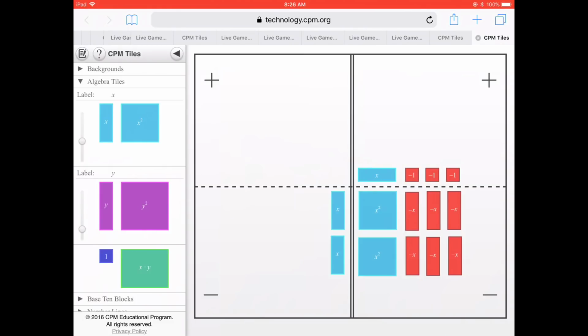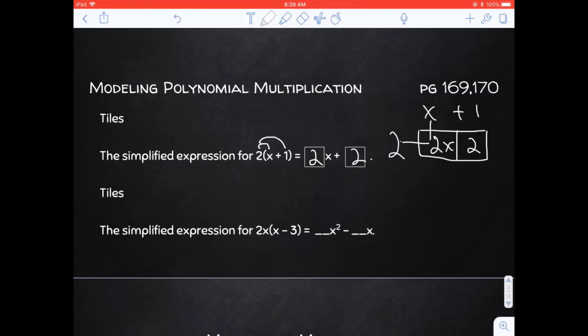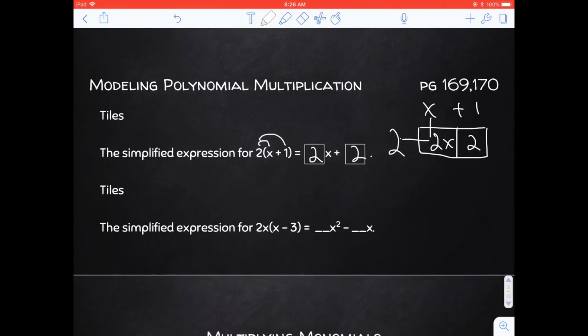So we would say it's 2x squared minus 6x. So back to here, we'd have 2x squared minus 6x. So we're going to take and multiply that in. So 2 remains the same, and x times x is x squared. And we multiply in, that gives us that negative 6x. And if we did the area model, I get x minus 3 across the top.